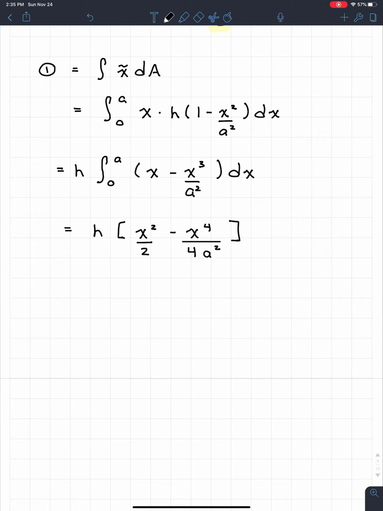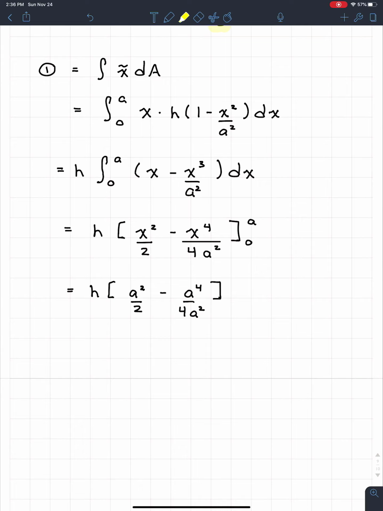This will be from 0 to a. So you come down here, we can just start simplifying. We're going to have h, and we got a squared divided by 2 minus a to the 4 divided by 4a squared.